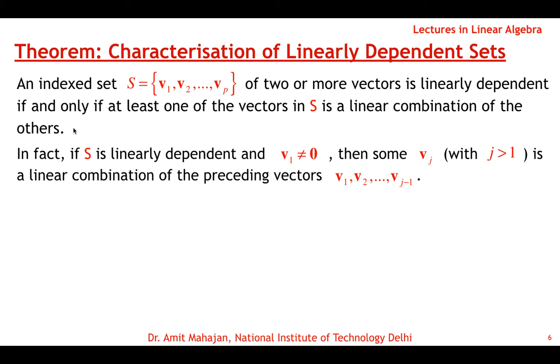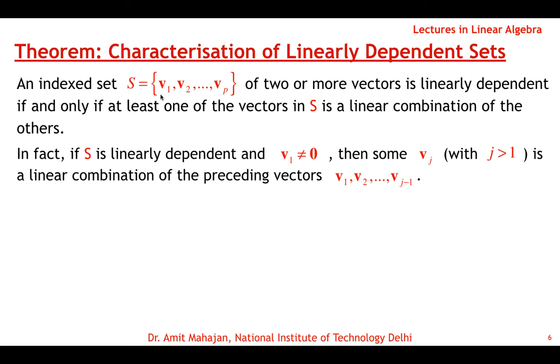There is an if and only if, which means the result is true both ways. If this set is linearly dependent, then at least one of the vectors can be written as a linear combination of the others, or the converse is also true: if at least one of the vectors is a linear combination of the others, then the set is a linearly dependent set.